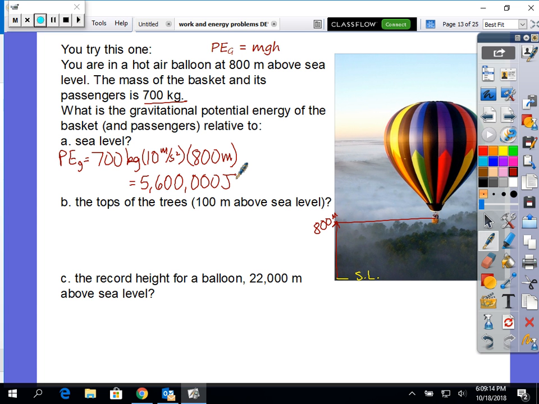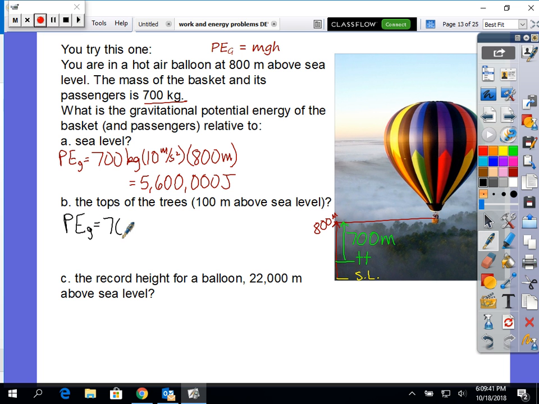The next one says relative to the tops of the trees, which are 100 meters above sea level. To go from the tree tops up to the balloon is 700 meters. So let's calculate the potential energy.